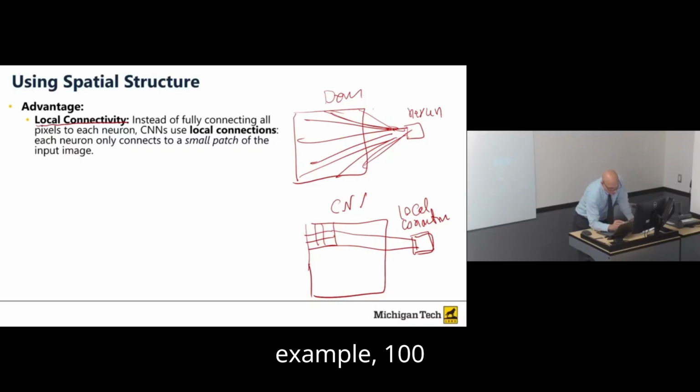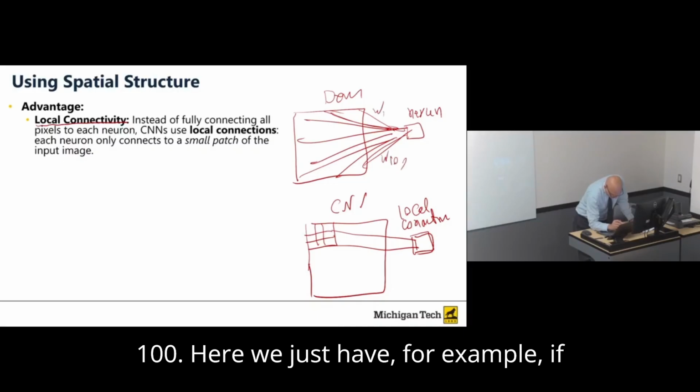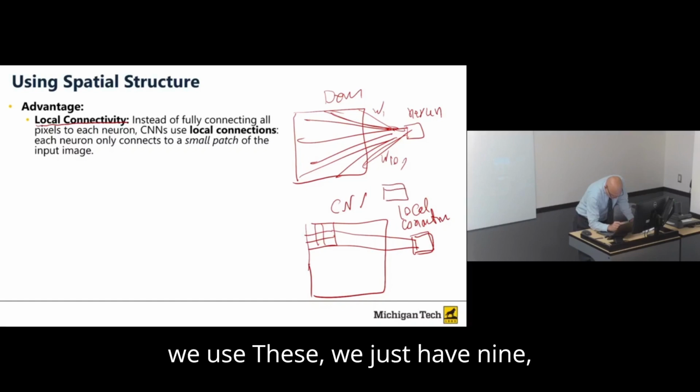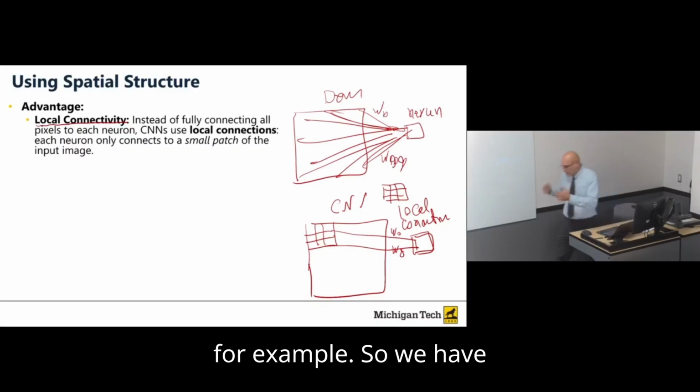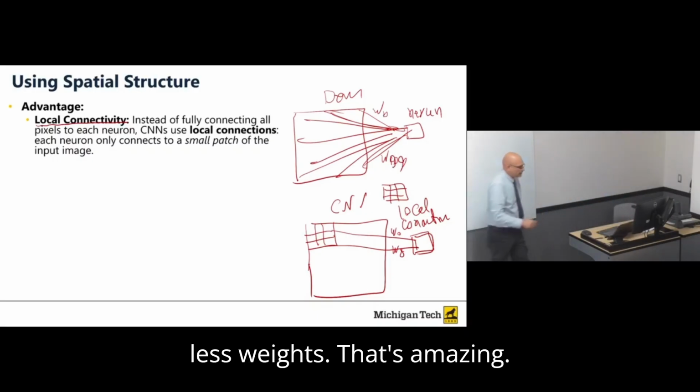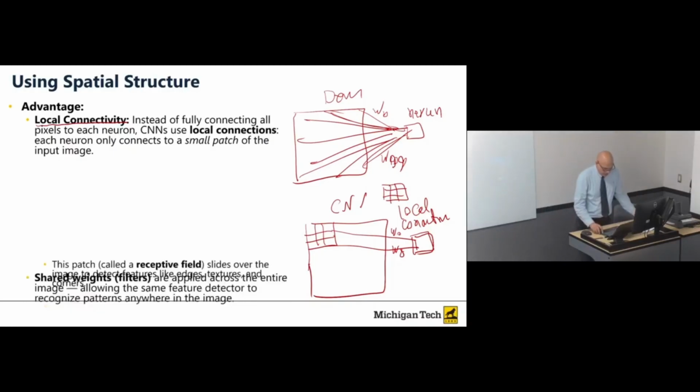Here, if we have, for example, 100 weights, W1 to W100, with this approach we just have, for example, 9 weights, W0 to W8. So we have fewer weights. That's amazing.